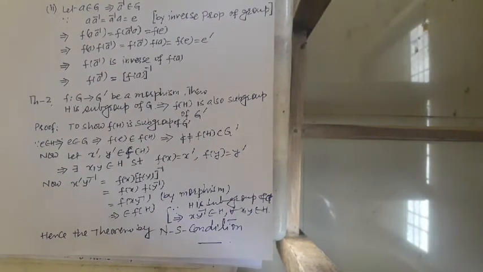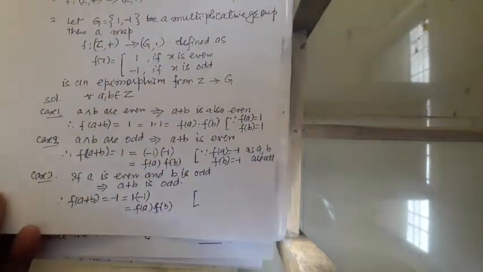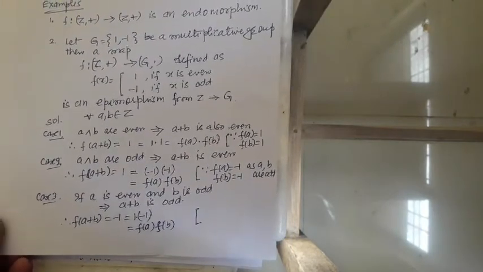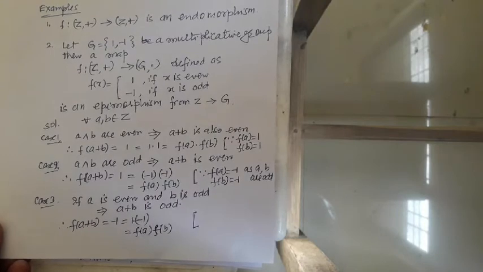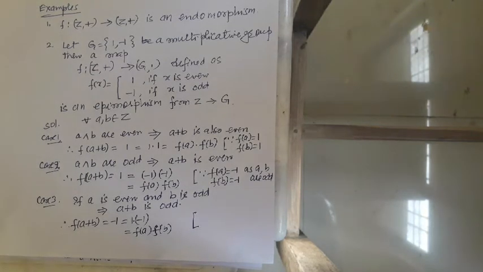Now in all three cases we have shown that f of ab is equal to f of a into f of b.